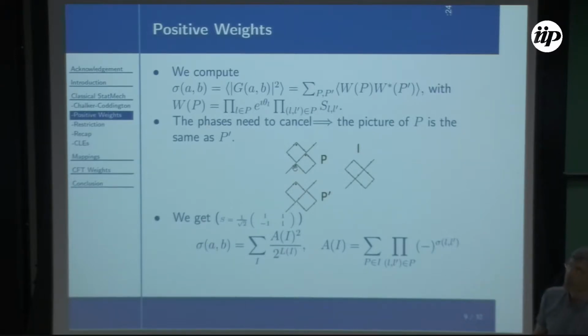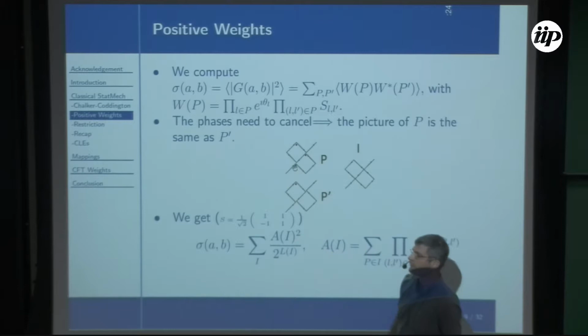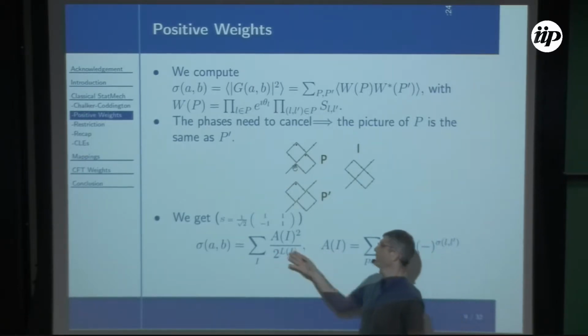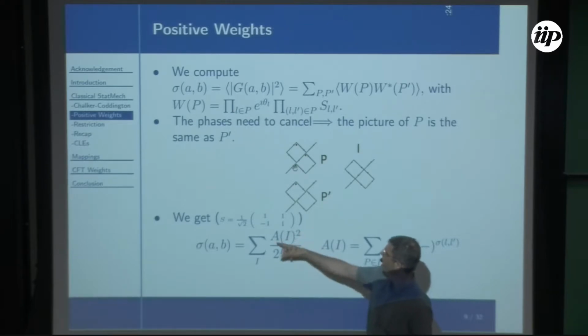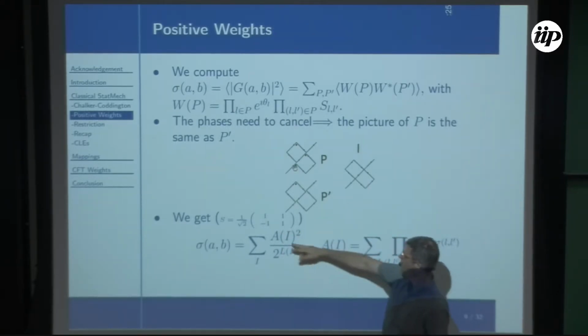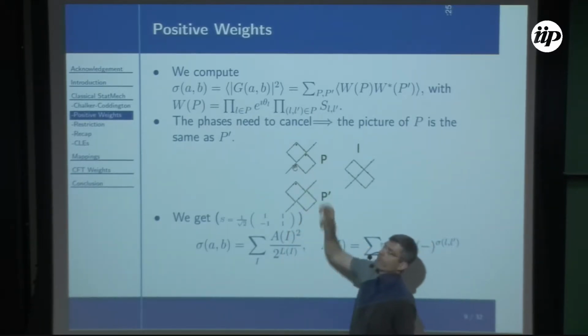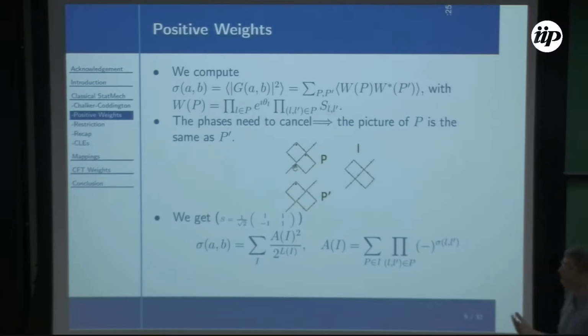I have a positive weight for a cluster. This I can think of as a cluster, a positive weight. And the weight is very similar to a random walk. This would be the random walk weight if this would be just the number of paths that correspond to a picture. But this is not the number of paths. It's something squared, which includes interference. Okay, so what can we learn from that?